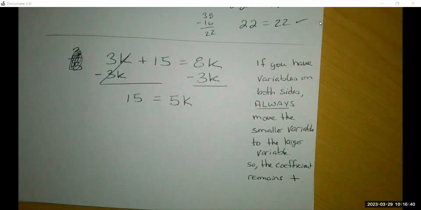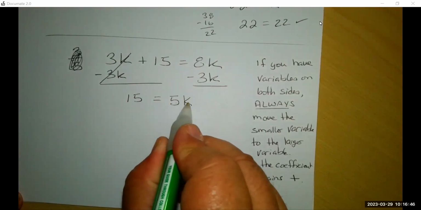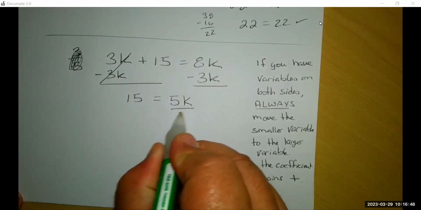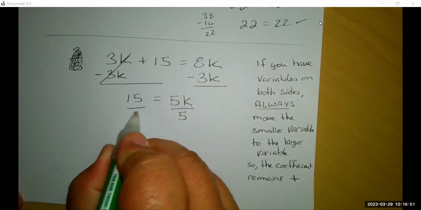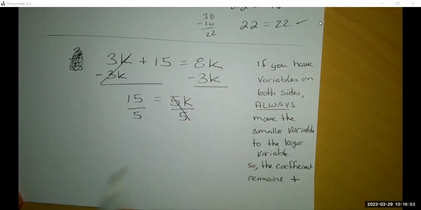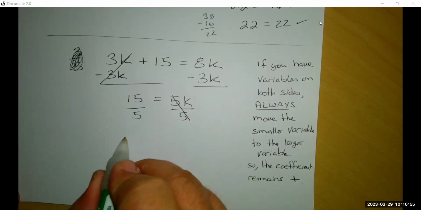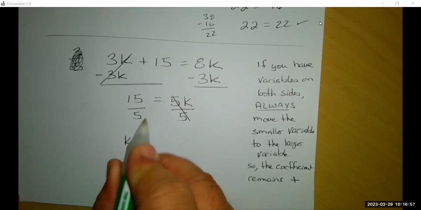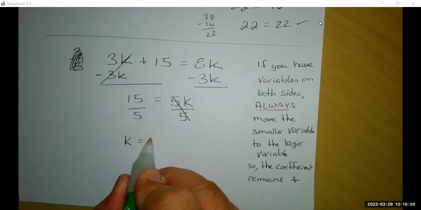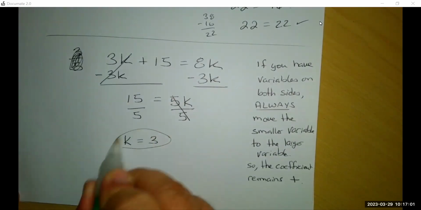You get the K by itself, what do you do? Yes, since it's 5 times K, I have to do the opposite. So I divide both sides by 5. So K is equal to 15 divided by 5, which is 3.